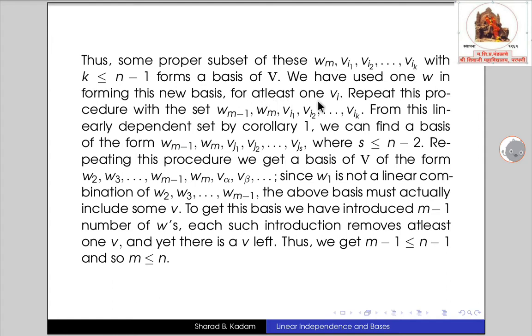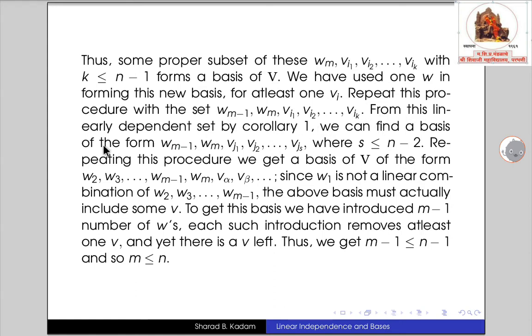So we repeat this procedure with the set w_{m-1}, wm, v_{i1}, v_{i2}, and so on up to v_{ik}.